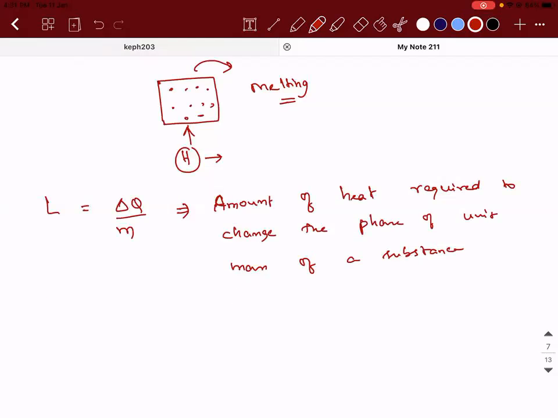That's it. When I say phase, it can either be solid to liquid or liquid to solid. Similarly, it can be liquid to vapor or vapor to liquid.